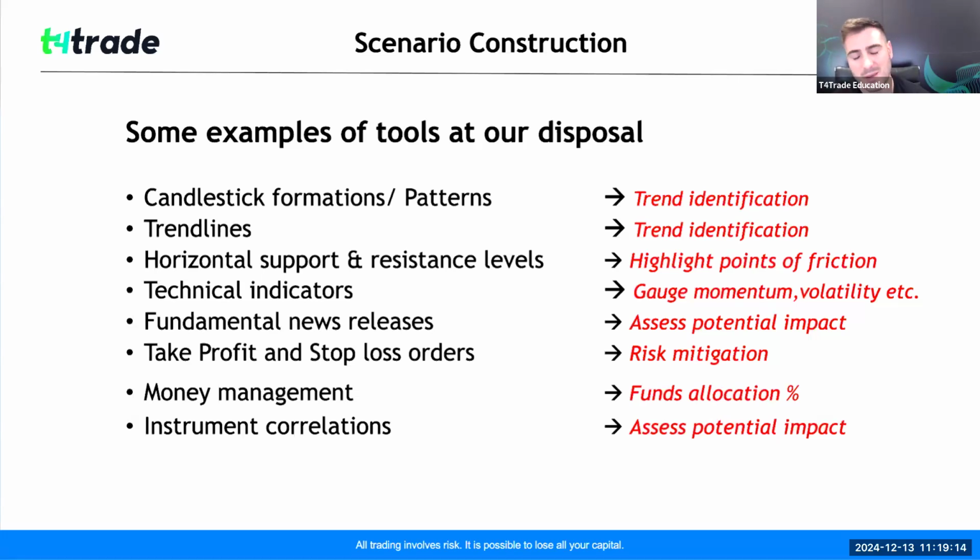We look for these basic visual illustrations in order for us to tick the boxes of all of these questions and come up with a high percentage of confidence before placing a trade. Okay, so by using horizontal support and resistance levels, but also not only horizontal but also angled ones, you highlight points of friction, areas where you expect the price action to stall, break out from, or find support from.